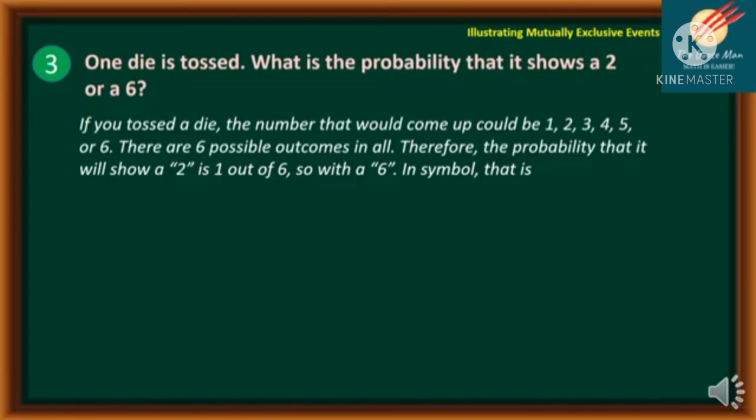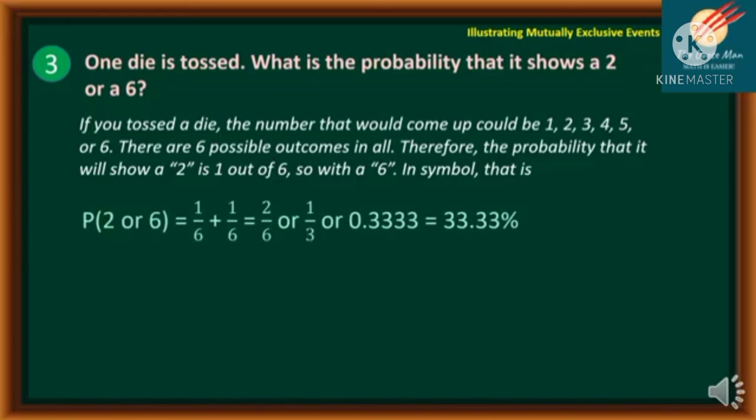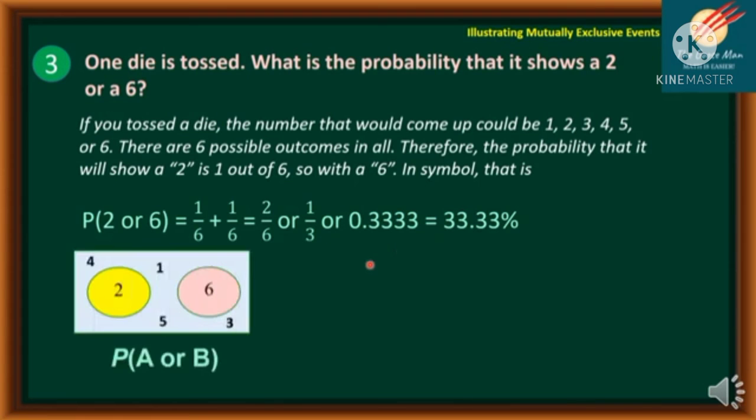In symbols, the probability of 2 or 6 is equal to 1/6 plus 1/6, or 2/6, which equals 1/3. This is the same as 0.3333 or 33.33%.